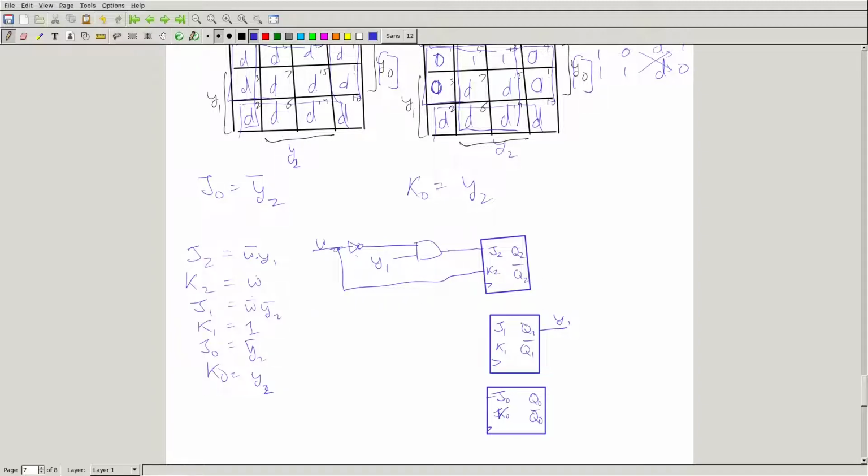We can connect that, but that will make things ugly, so I'll just keep them labeled here, and this is Y0.